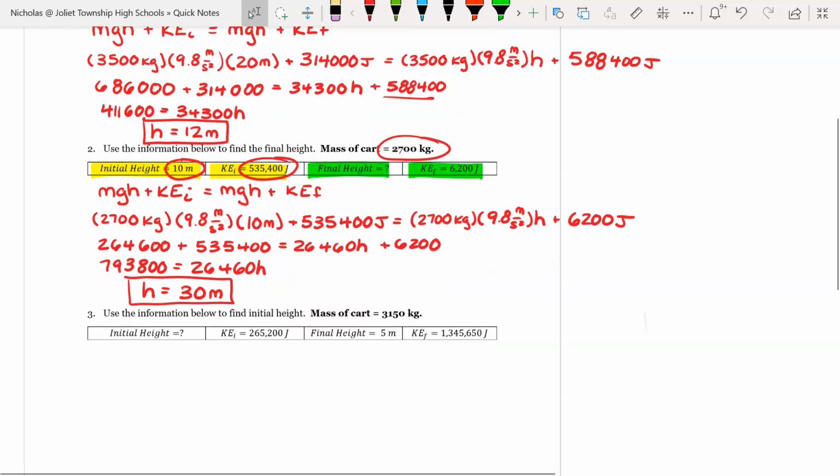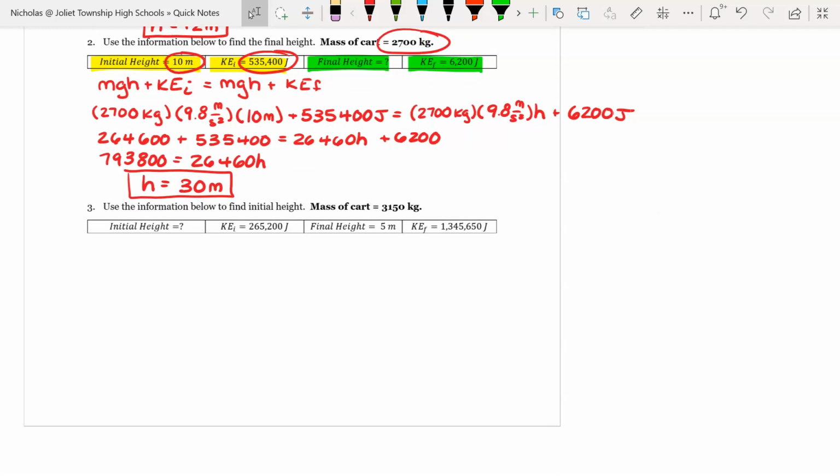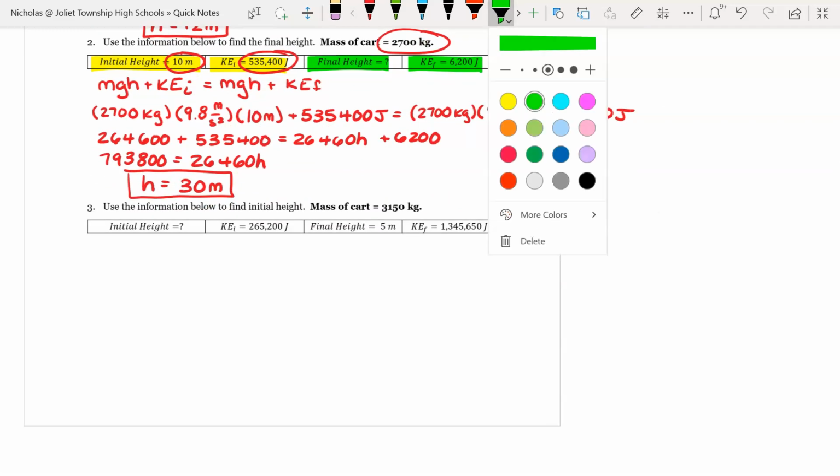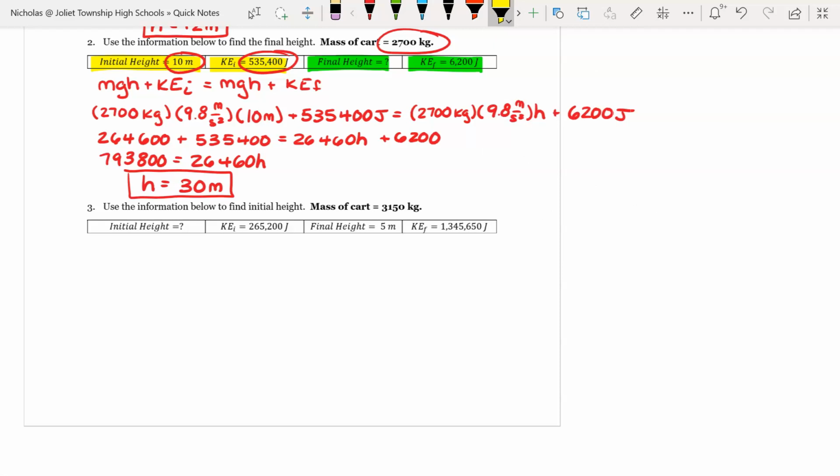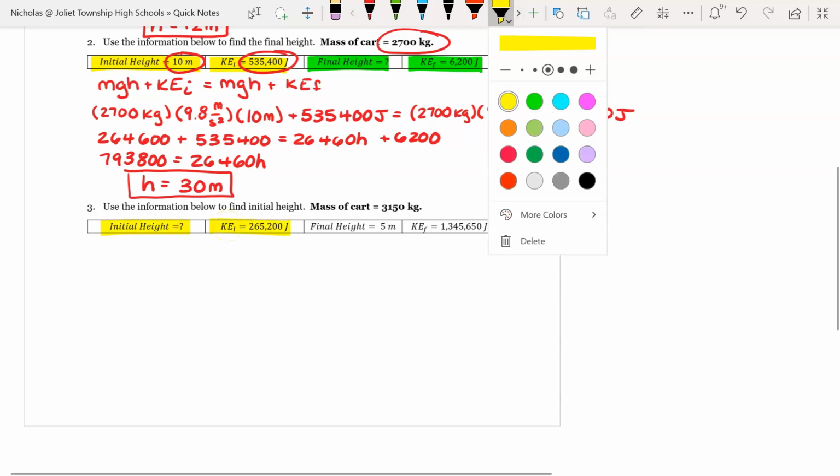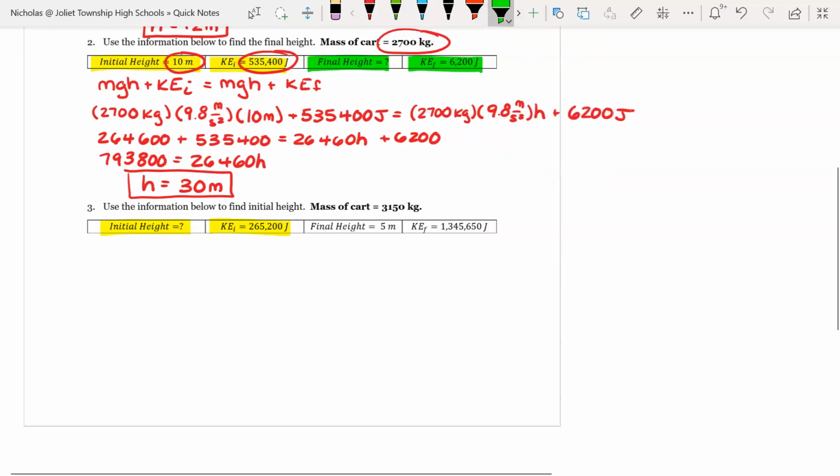All right. In this final problem, same type of process, but instead of finding the final height, we are finding the initial height. So let me go ahead and highlight so we know what's what. The mass of our cart this time is going to be 3,150.